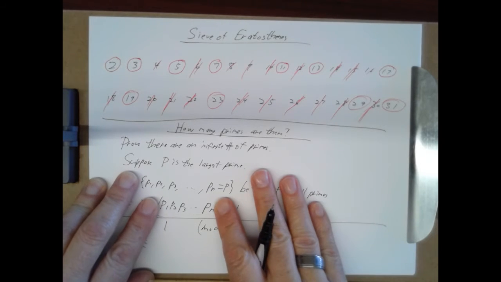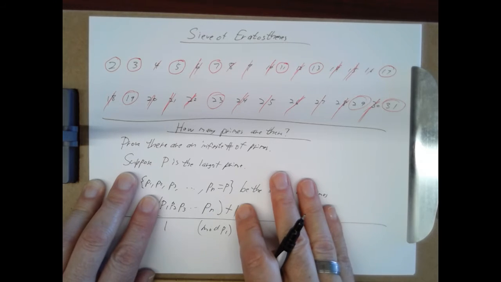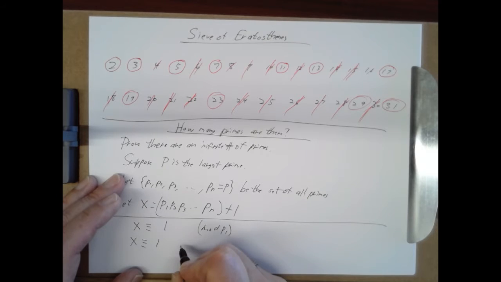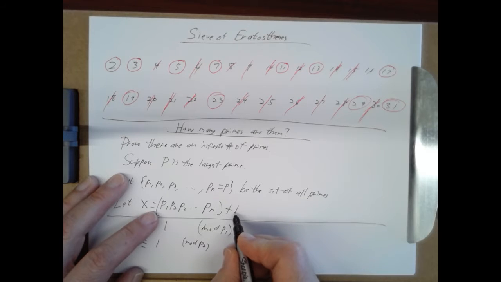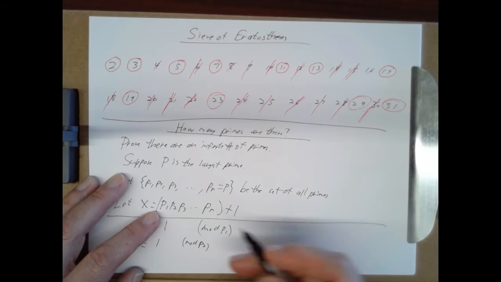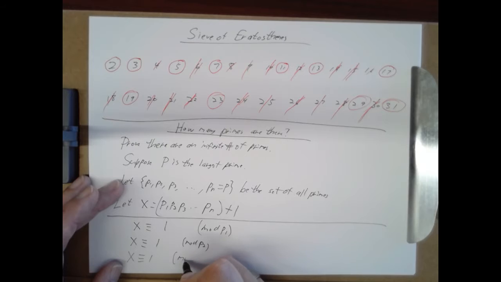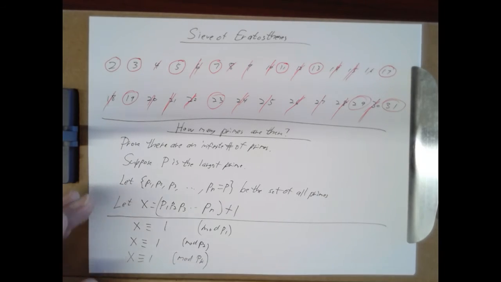P1 times P2 times P3 times Pn is congruent to 0 modulo P2. So if we add 1, that's also congruent to 1 modulo P2. In other words, this expression is 1 more than a multiple of P2. It's P2 times the product of all those other primes plus 1 more. And in fact, X is congruent to 1 modulo P anything. It's congruent to 1 modulo every prime number.